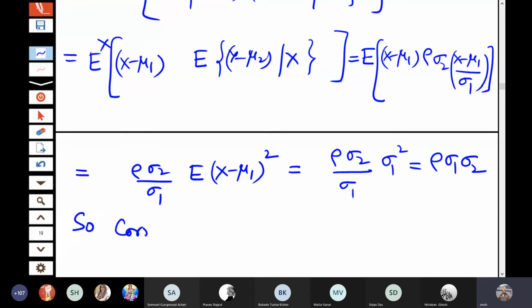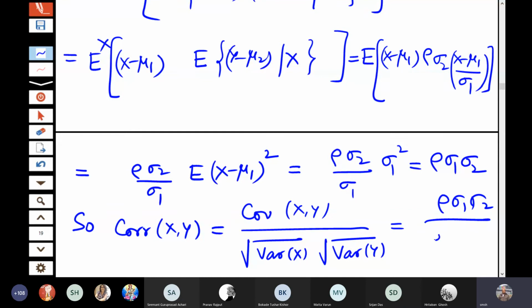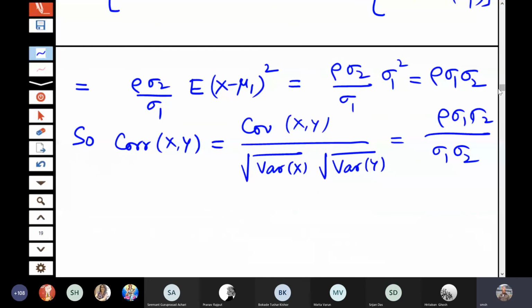Correlation between x and y is covariance between x and y divided by square root variance of x times square root variance of y, that is rho sigma 1 sigma 2 divided by sigma 1 sigma 2, which is equal to rho.